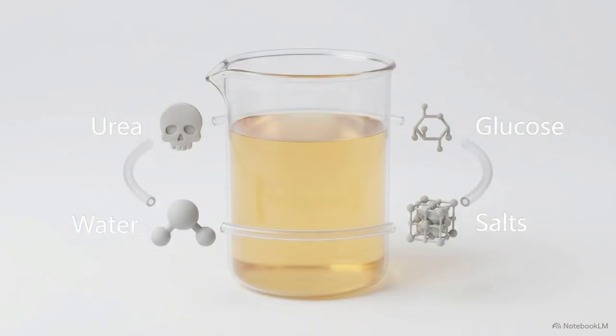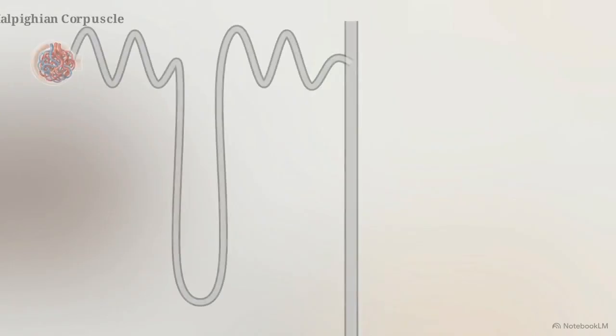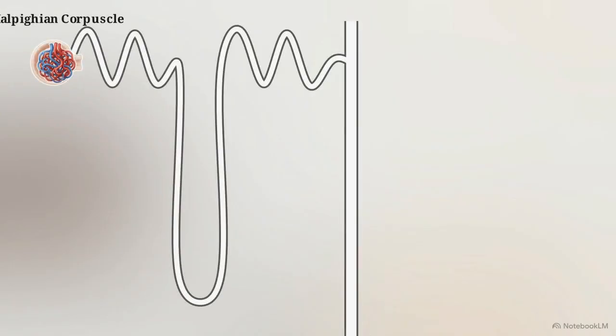This raw filtrate is a highly volatile mix. It contains toxic urea, but also vital water, glucose, and salts. To prevent the loss of those useful substances, the body initiates phase 2, selective reabsorption. This emergency reclamation occurs as the fluid travels down the proximal convoluted tubule and the loop of Henle.